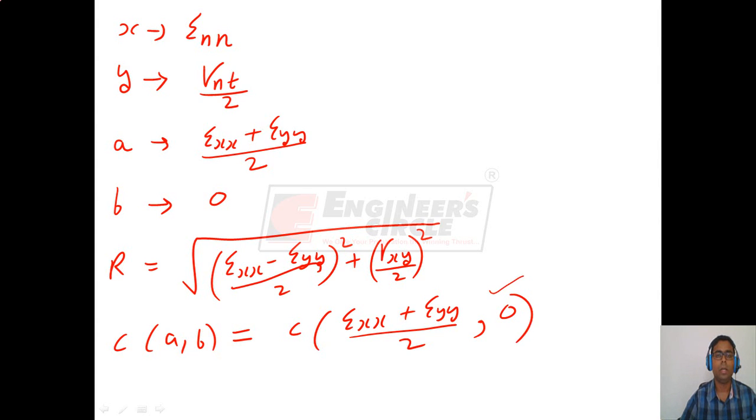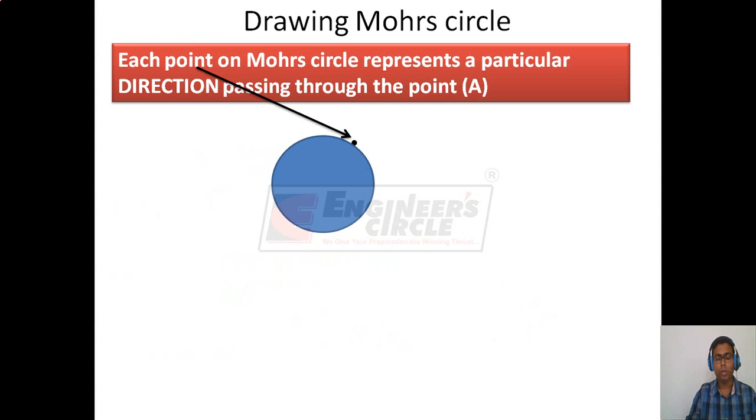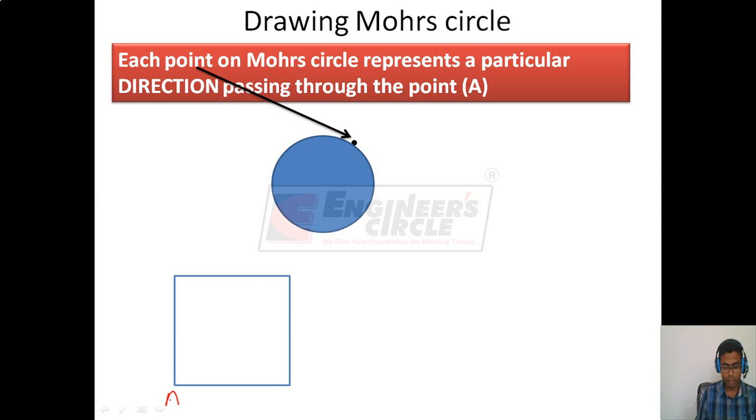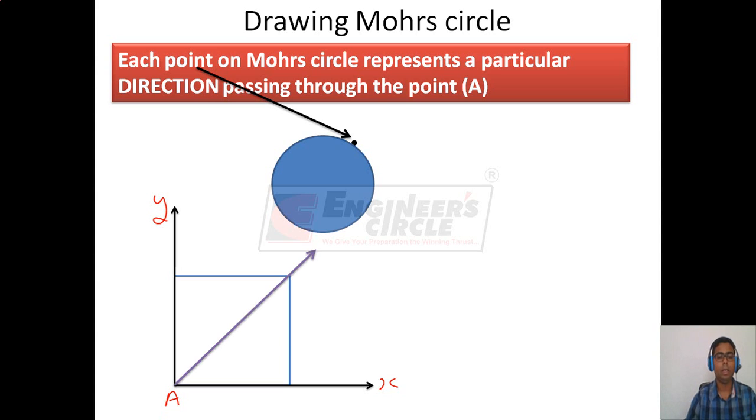So we have learned that the strain transformation equation at a point can be represented using a circle, which we call Mohr's circle. Now each point on Mohr circle represents a particular direction passing through point A. Consider a differential element at point A. This is point A. At point A, x direction is like this, y direction is like this, and any nth direction at point A can be like this.